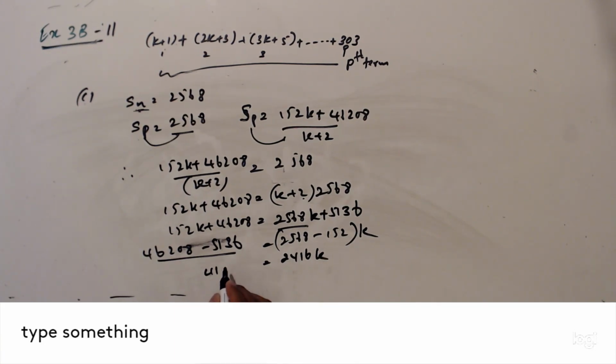This is 41072, and then k equals 41072 divided by 2416, and the answer should be 17.